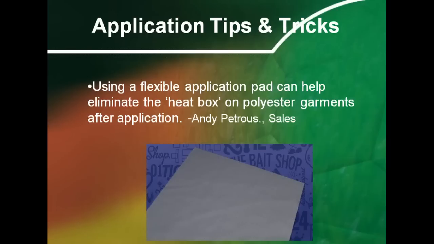You also want to raise your heat press temperature about 5 degrees because the flex pad does draw out heat when you're heat applying, so you definitely want to accommodate for that in your heat application process. Another great way is, remember I talked about that 8 by 15 Print Perfect pad.